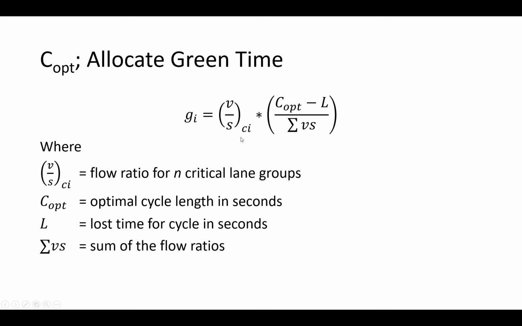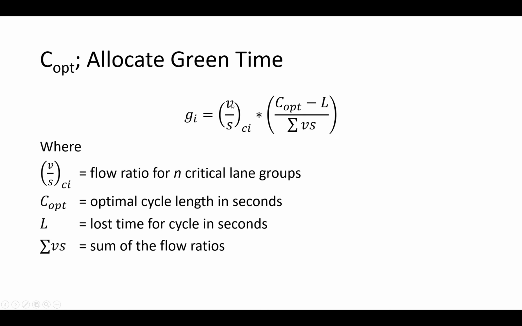That's what the i here is for. So this could be phase 1. The effective green time of phase 1 is the critical v over s for phase 1 times this term. And this is a constant through all these equations, and then you cycle through for each phase.